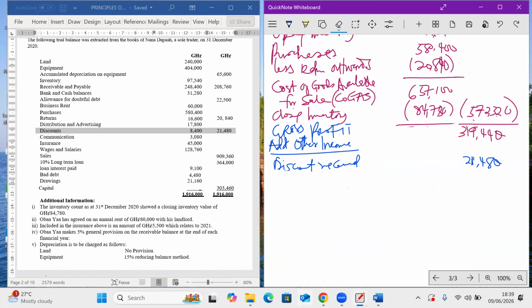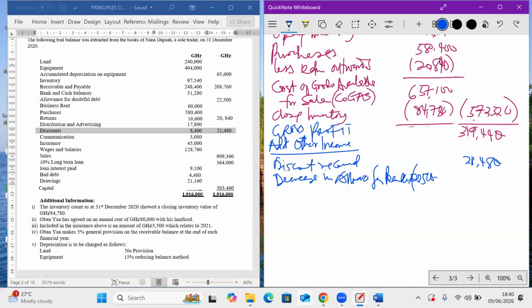Decrease in allowance. It's what? 22,500 minus, what? The 5%.